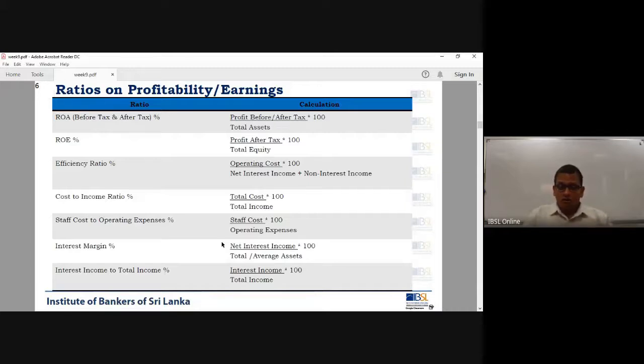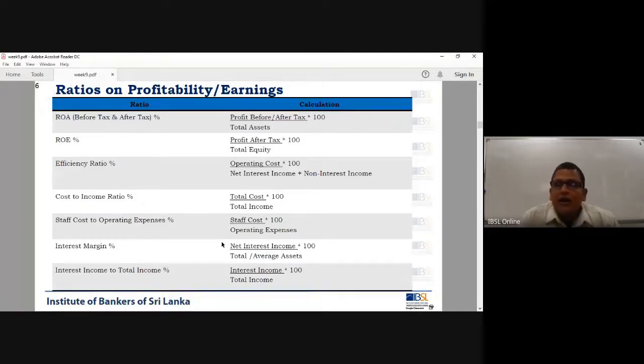And then the cost to income ratio, of course, is total cost to total income multiplied by the 100. For staff cost to operating expenses, we calculate total staff cost divided by the operating expenses multiplied by the 100.